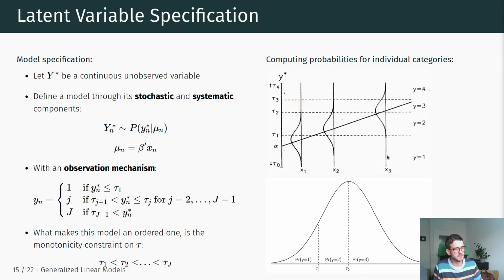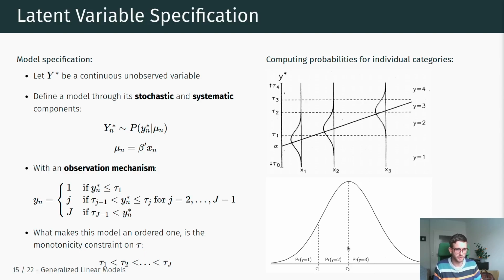And as we increase our x, the conditional expectation of y star increases. So if we're up here, we see the probability of y being equal to 1 is almost 0, y being equal to 2 is slightly smaller than 0.5, y equals 3 is also around 0.5, maybe slightly smaller, and then we have an additional probability of y being equal to 4.